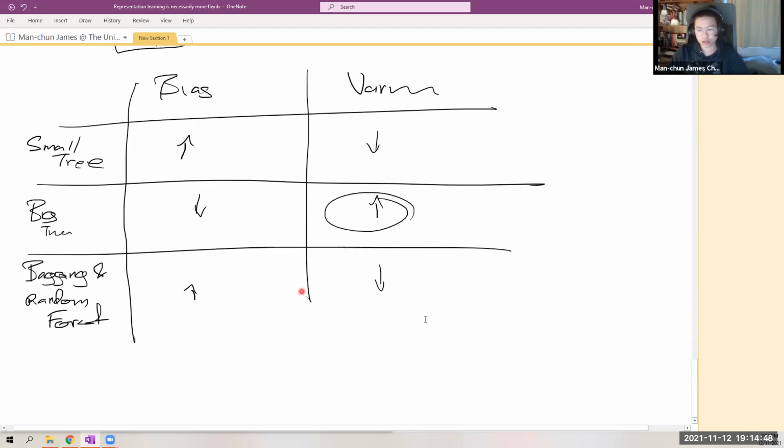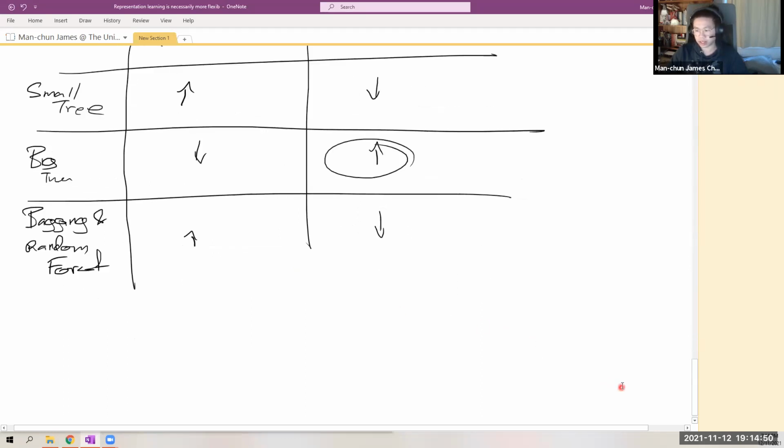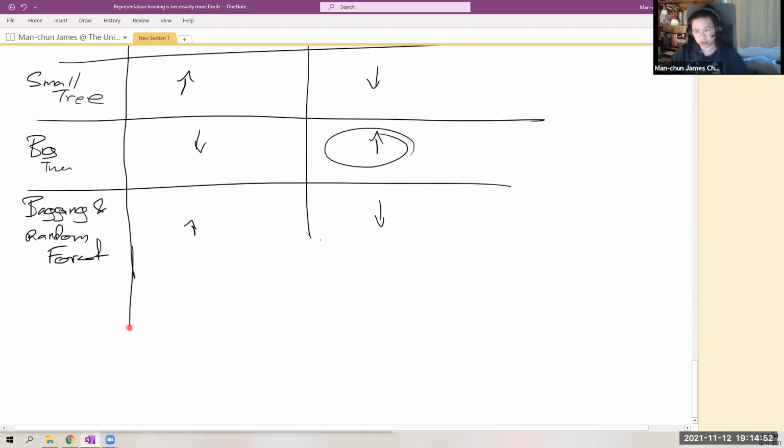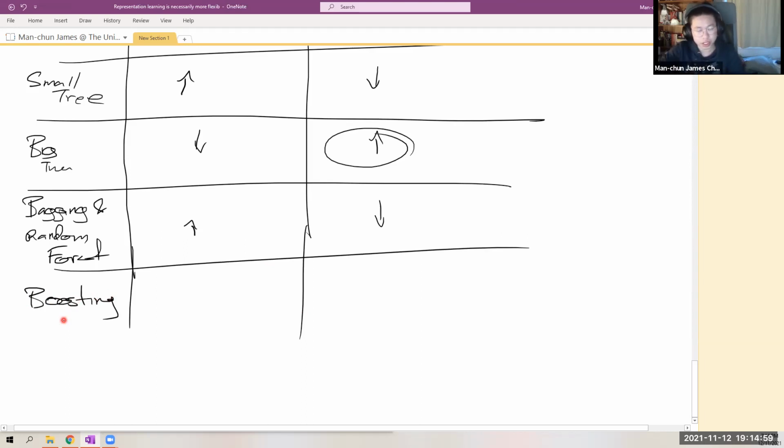And as I also said in the tutorials, when comparing to boosting, if you boost too many times, you tend to have a lower bias and higher variance. It's only a little bit more, not too much.